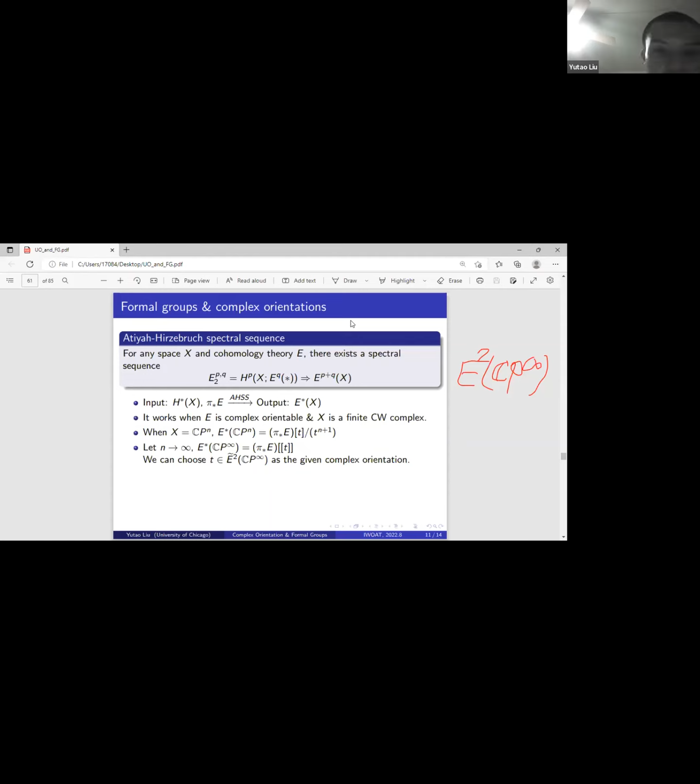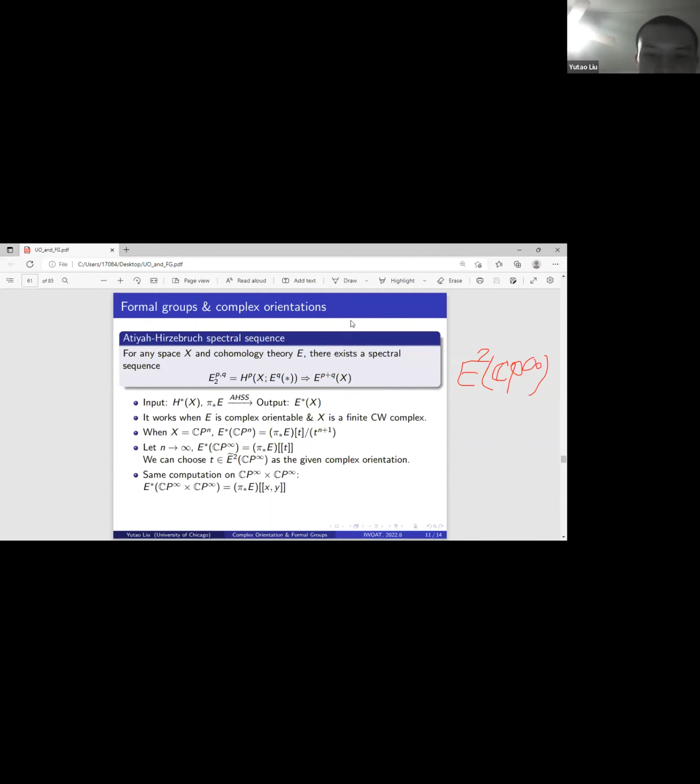The same argument can be applied to two copies of CP infinity, in which case you will have the formal power series with two variables, x and y. The reason why we compute the E-cohomology of two copies of CP infinity is because there is a natural product we can define on CP infinity.